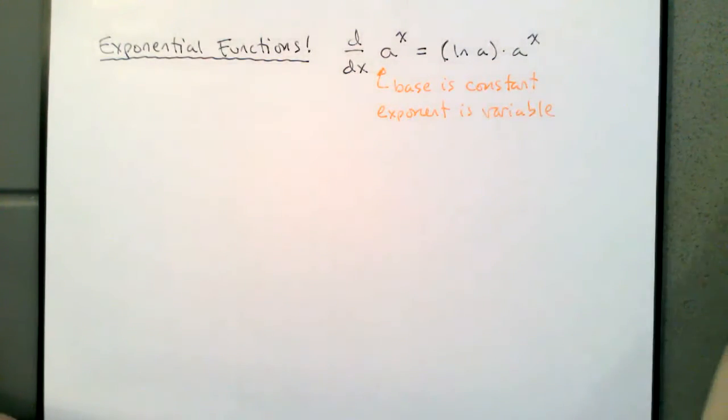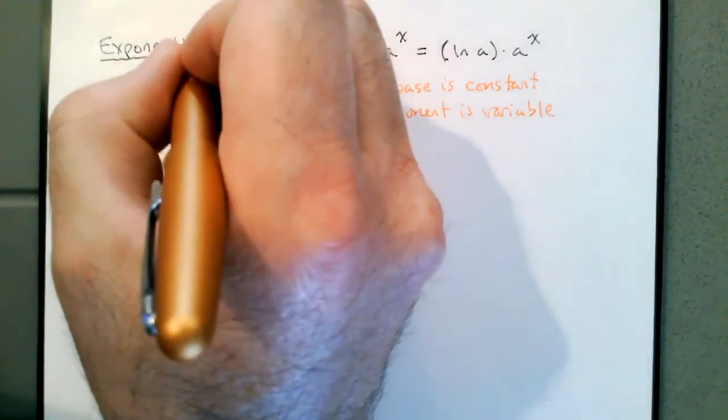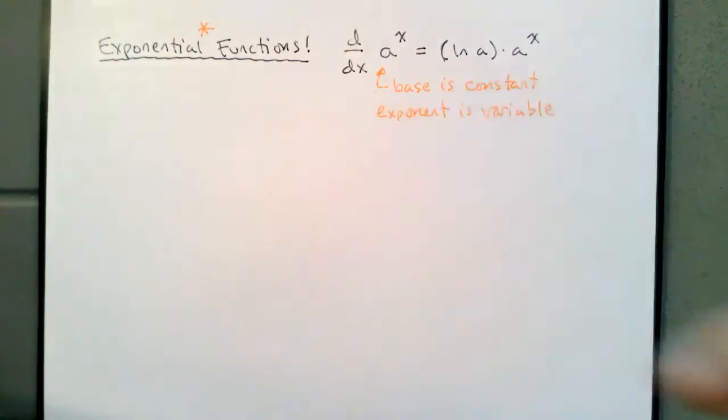That's what makes this an exponential function. The base is constant, the exponent is variable. So we use a different rule. The previous rule, nx to the n minus 1, is for when the base is variable and the exponent is constant.